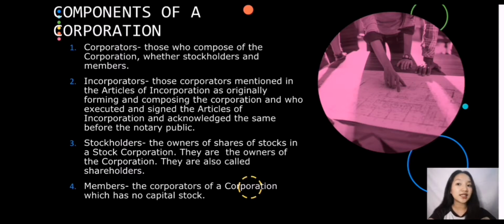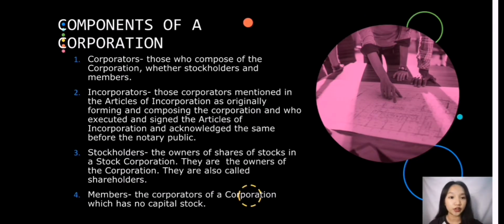So the authenticity of the Articles of Incorporation may not be assured, and it is more complicated or complex for a corporation yet to be formed to be organized with an incorporator who is a corporation in and by itself. And it is also said here that all incorporators are corporators, but a corporator is not necessarily an incorporator.